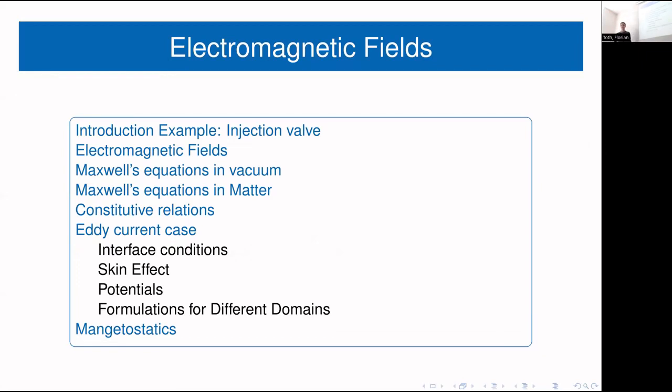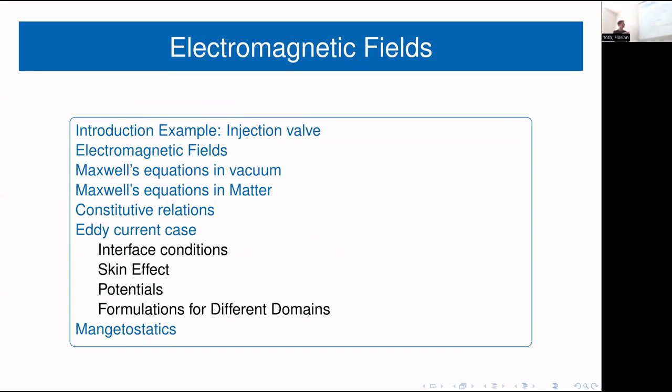So today's topic is electromagnetic fields, and we'll first motivate why we need electromagnetic fields based on a coupled problem of an injection valve. Then we will go into the governing equations, the Maxwell equations, and look at the different versions because they can be quite tricky to mix up.